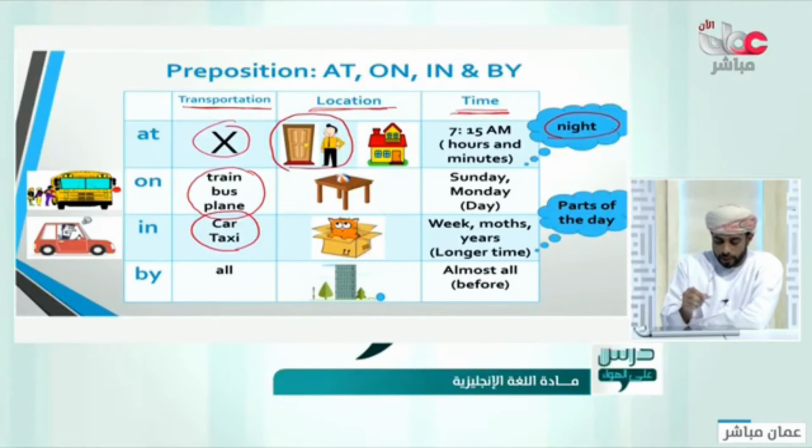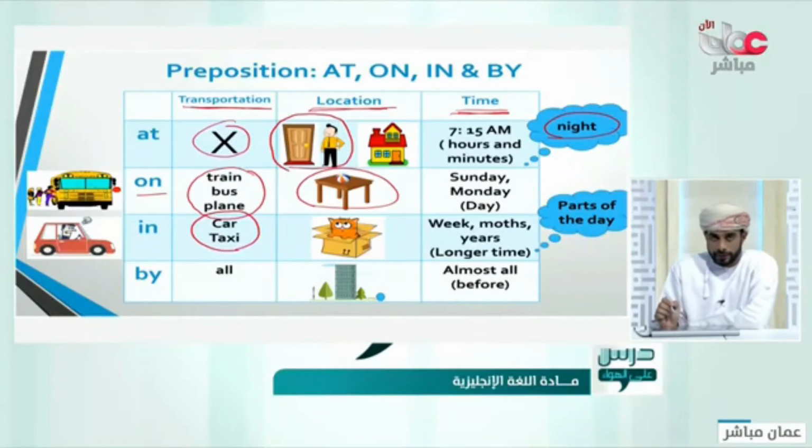Let's go back to "on" for location: on the table. It's clear that it's on something. What about time? We use it with days: on Sunday, on Monday, on Friday. And sometimes they will give you a date, like the 1st of June, 1999.